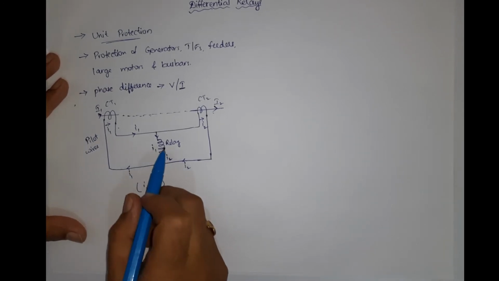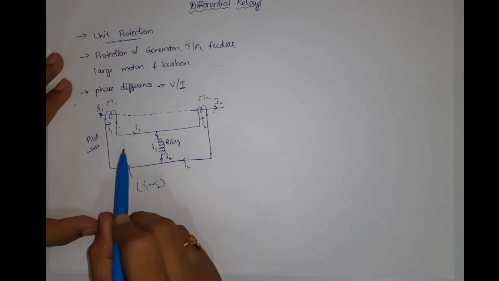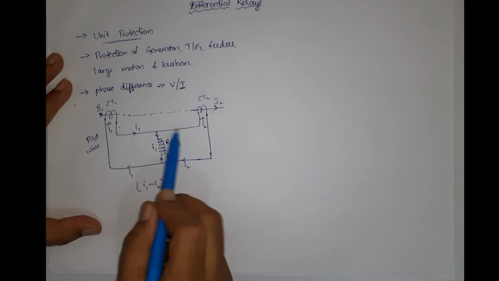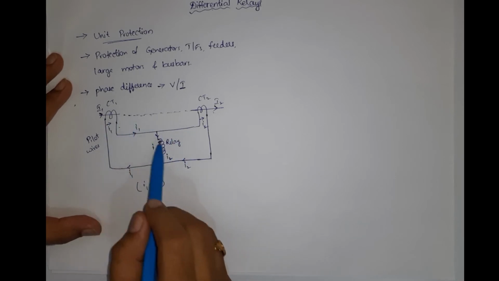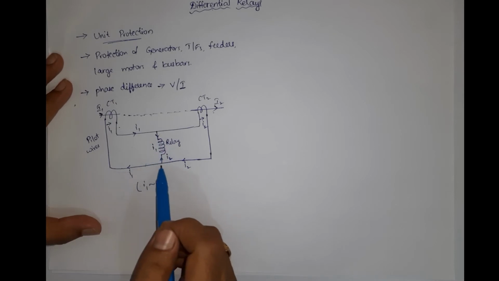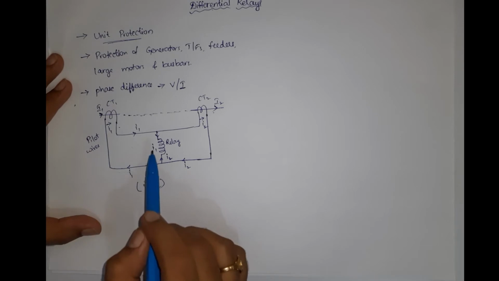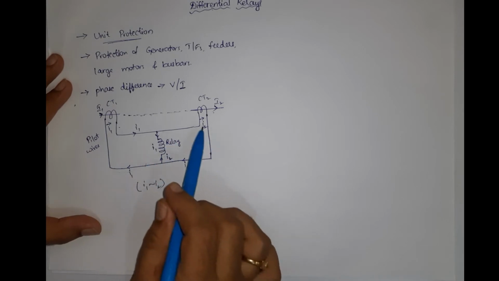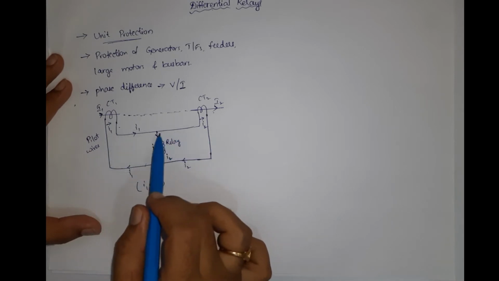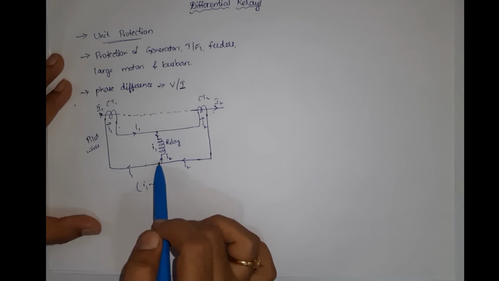We have already seen that the relay must be connected such that the potential between these two lines is equal. That is a condition for the differential relay. That means the resistance on the left hand side of this relay must be equal to the right hand side, so that the current flowing through the relay is equal from both sides when there is no fault, that is, in normal condition.